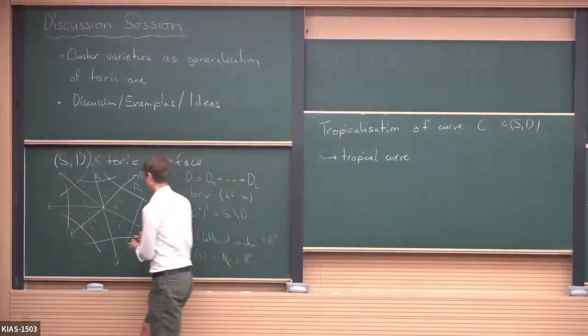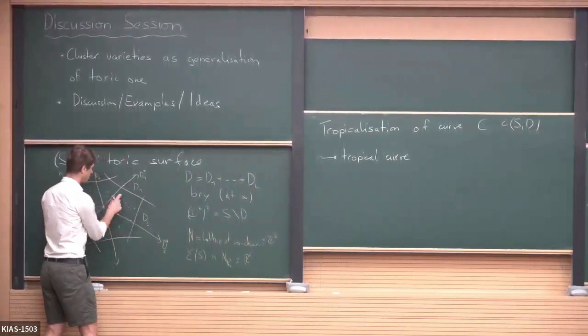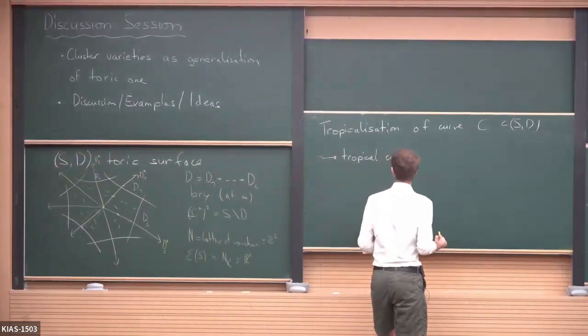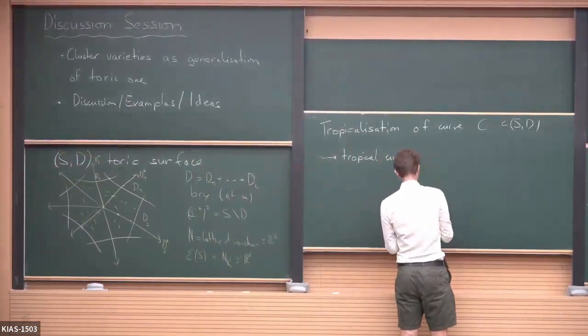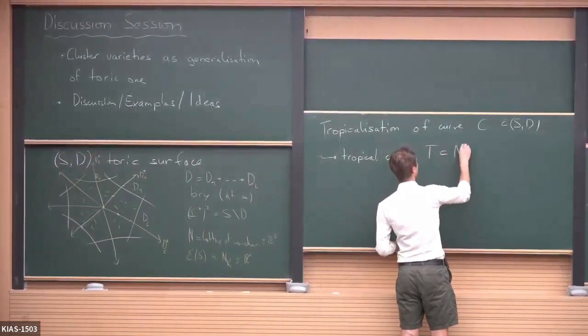Right, and then always these integer points that I keep talking about. So this is a tropical curve, maybe T, inside N_R.